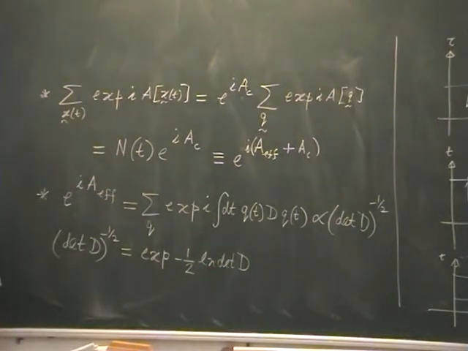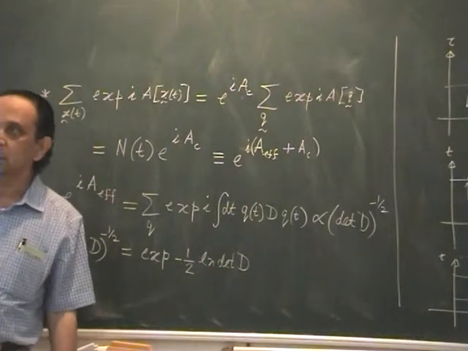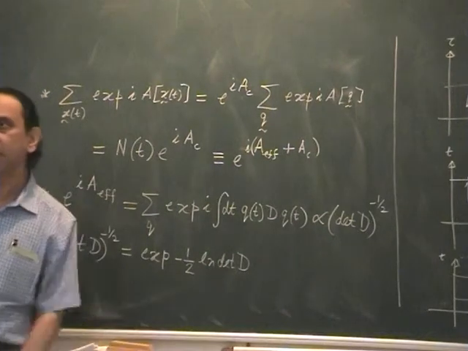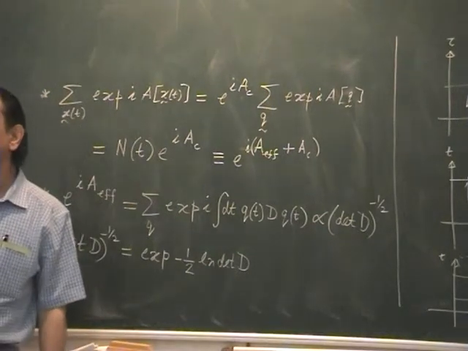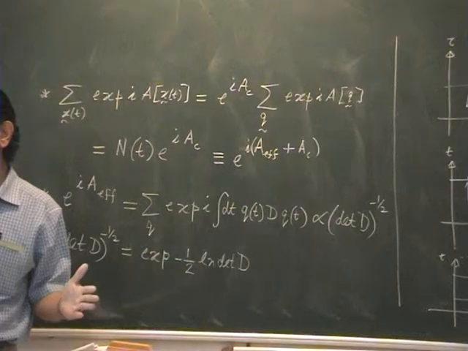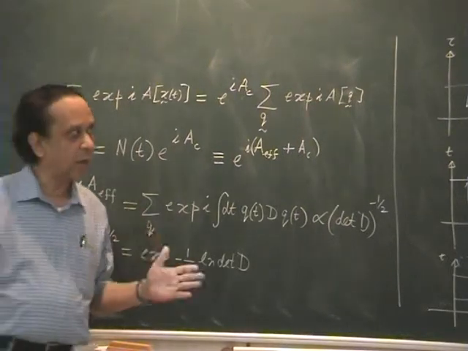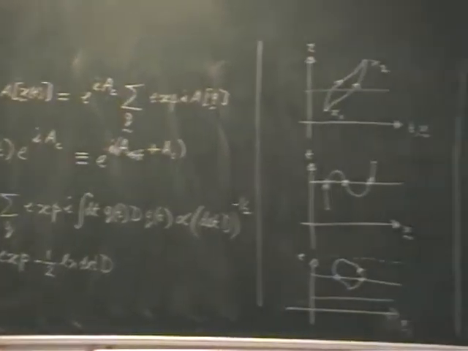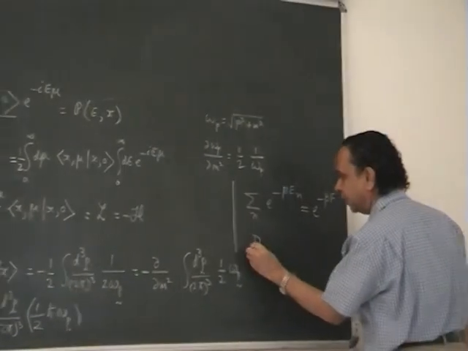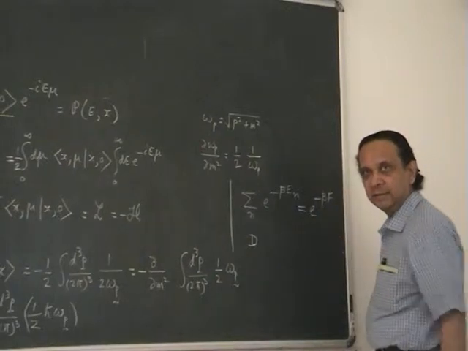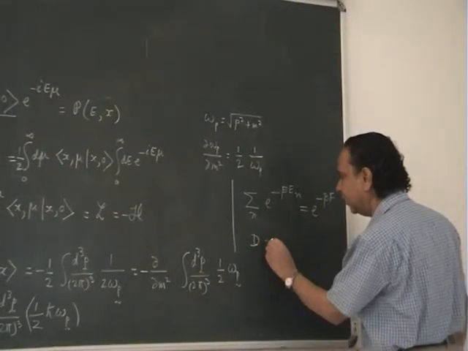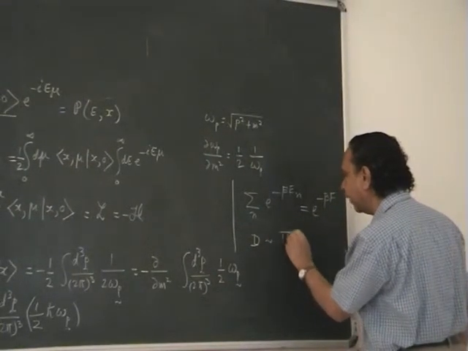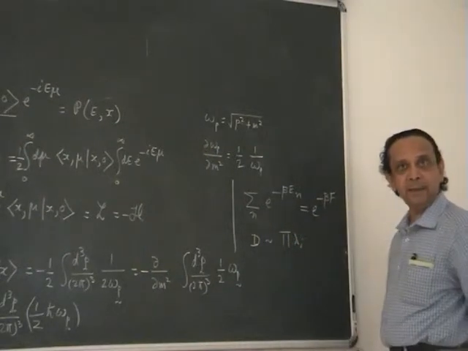Right? There is a formula which tells you that log determinant of D is trace log D. I don't know whether all of you are aware of this. See, if I have a determinant, think of the matrix as having been diagonalized by a similarity transformation, then the determinant will go as the product of eigenvalues. Right?